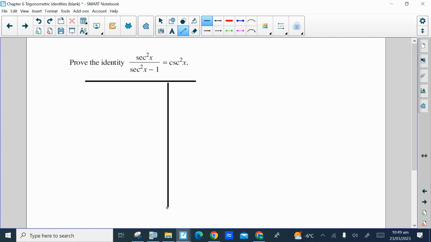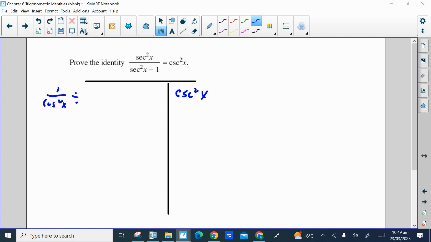So again, I'm going to leave the right side as cosec squared x. And in this case, instead of using the Pythagorean identity, which is the easiest way to do this, what if we just changed everything in terms of sine and cos? So sec squared x would be 1 over cos squared x. And that is divided by another sec squared x, which is 1 over cos squared x minus 1.